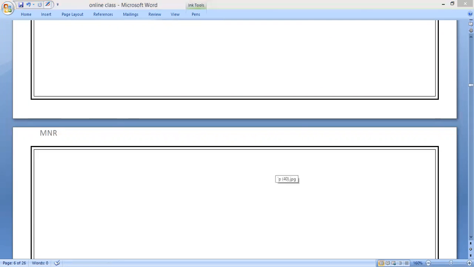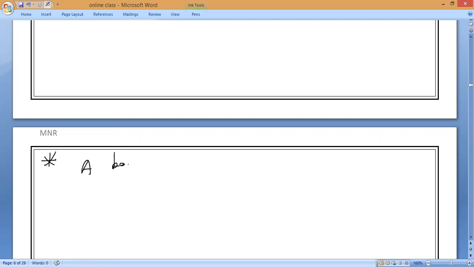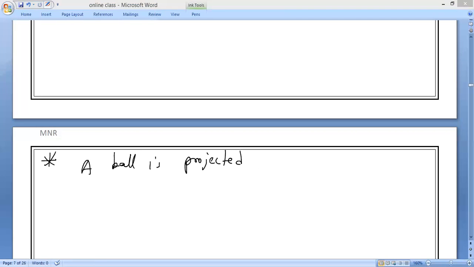Next question. A ball is projected with a velocity of 98 meter per second. Projected means initial velocity or final velocity?